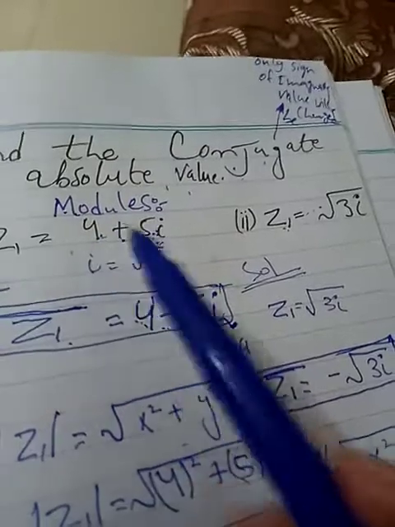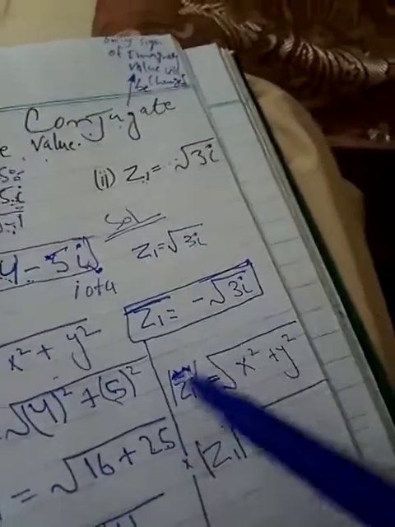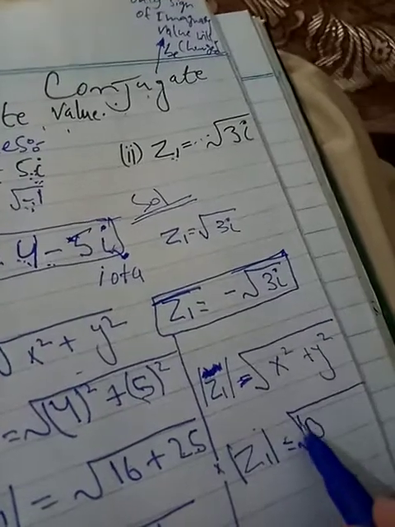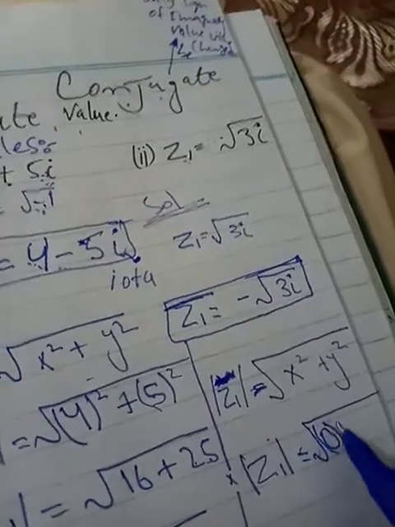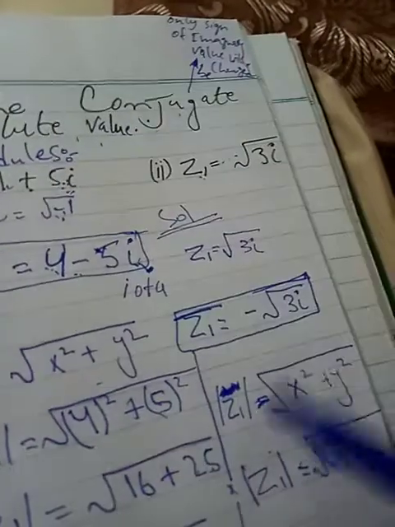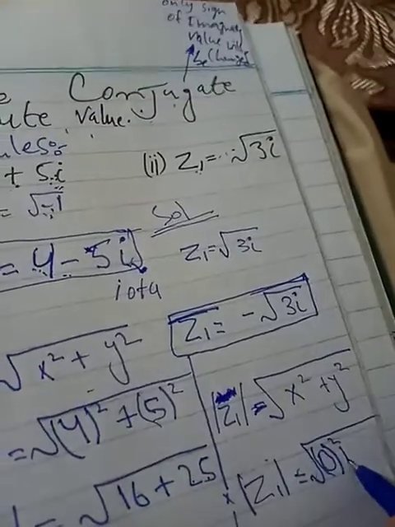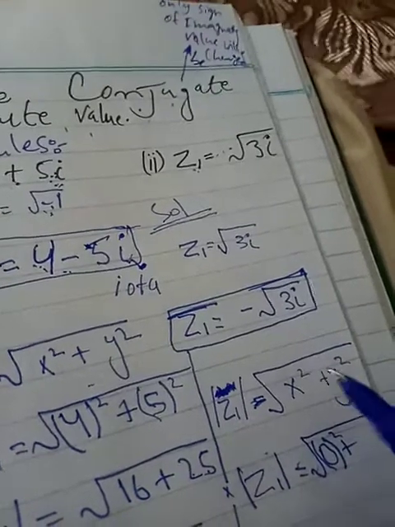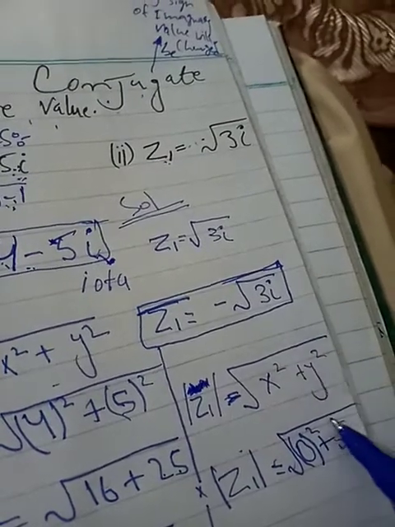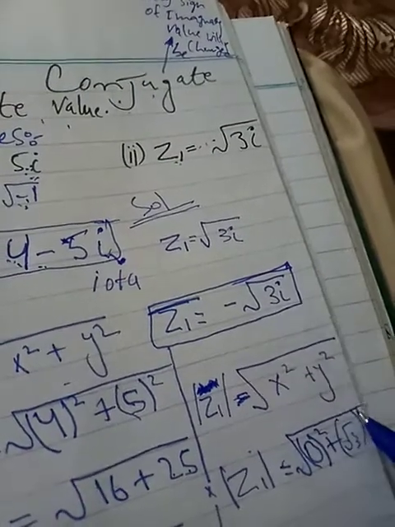Here it was 4, but here we do not have any other number, so we write 0. Plus, y is the value given here, radical 3, and its square.